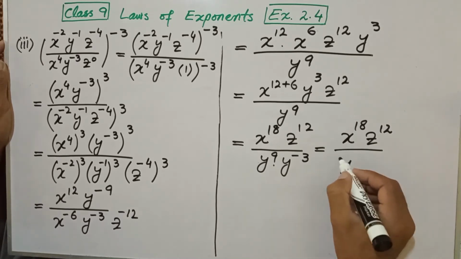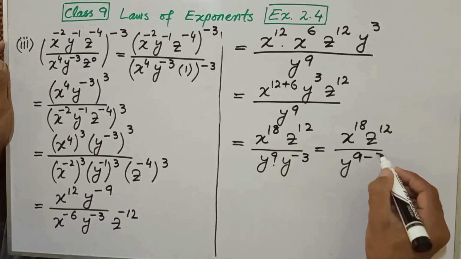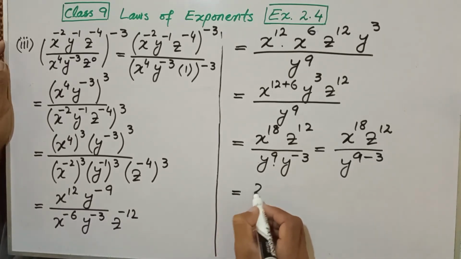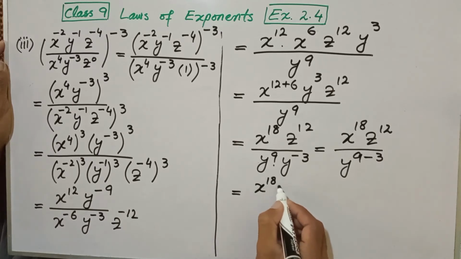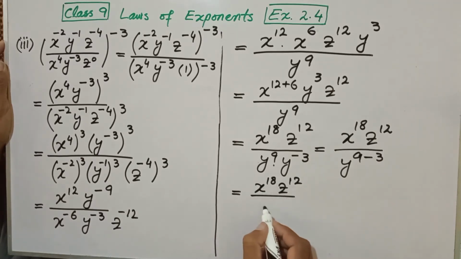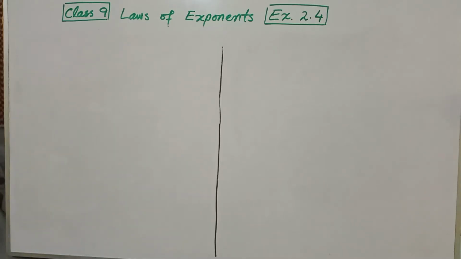Again, when the bases are same, the powers are added: 9 minus 3, which becomes x power 18, z power 12 over y power 6. This is the required simplified form. We can see that each term has a positive power. Now we solve part 4.